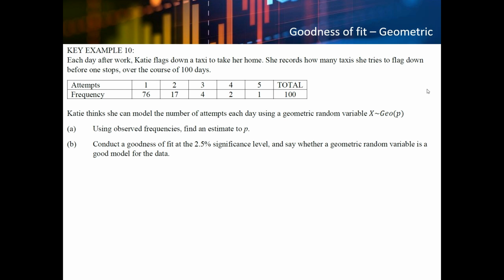So our probability then, well, she's successful 100 times, because eventually she does flag down a taxi every day to take her home. But how many attempts did that take her?